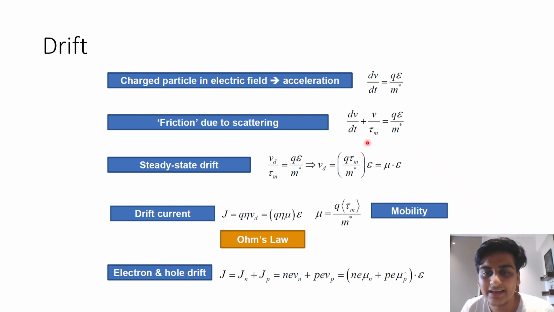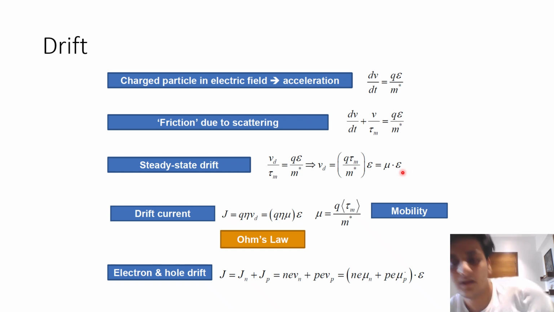So in the steady state, we assume that the acceleration is zero because you have steady state conditions, and you directly equate the drift velocity upon tau to this qE by m, and this gives us an expression for this drift velocity. And this term q tau by m is what we call the mobility. So we basically get the drift velocity as the mobility times the electric field.